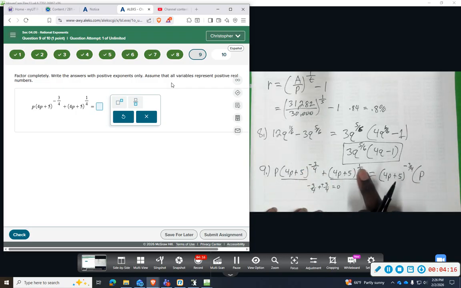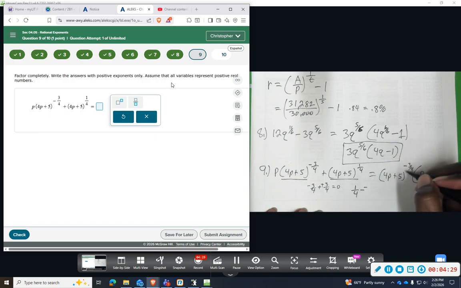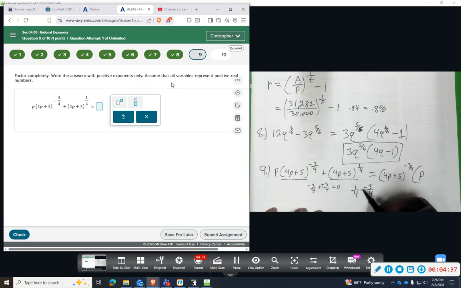Now with this one, we just got to figure out the exponent. So I had a 1/4 as my exponent. I'm subtracting a negative because I factored it out. When you divide exponents, you subtract it. So subtracting a negative 3/4. So 1/4 plus 3/4 ends up being 1.